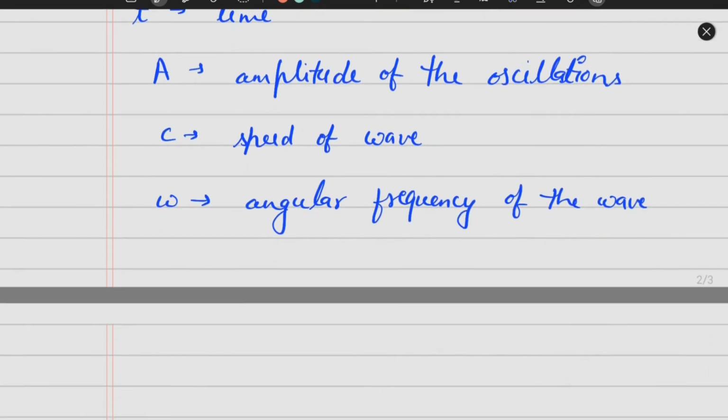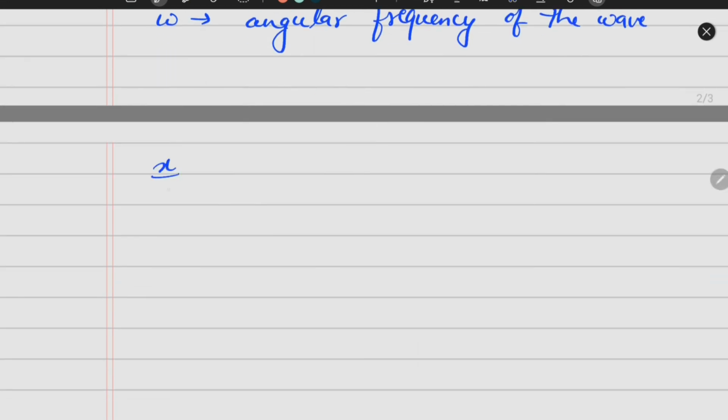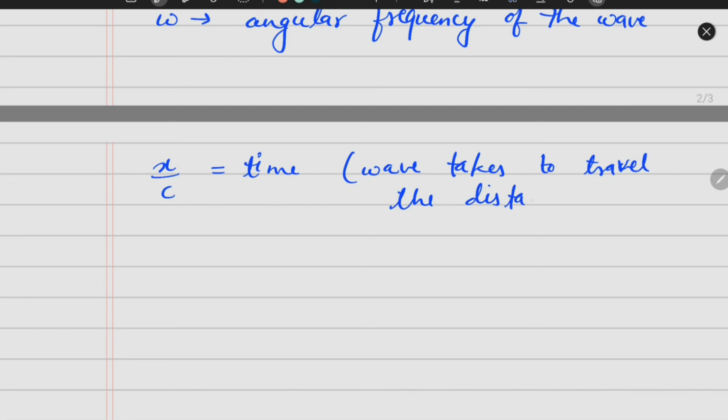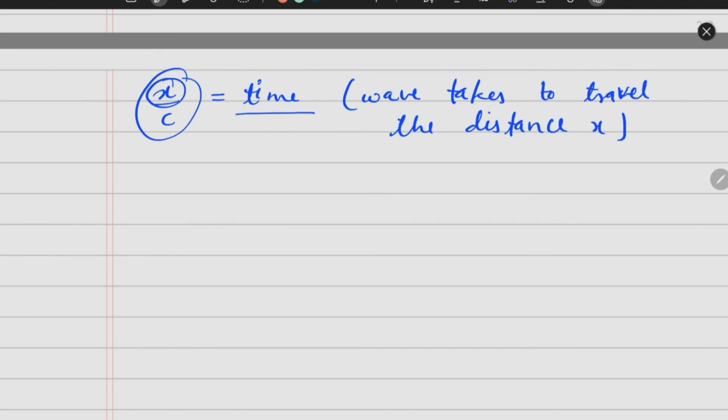Okay, so here we can see that the quantity x upon c is equal to the time in which the wave travels the distance x, यानी कि वेव को x डिस्टेंस ट्रेवल करने में कितना टाइम लग रहा है, दैट इज गिवन बाय x अपॉन c, ठीक है। तो फ्रीक्वेंसी ऑफ द वेव इज गिवन बाय, you know that we have omega, okay, we have the angular frequency of the wave.